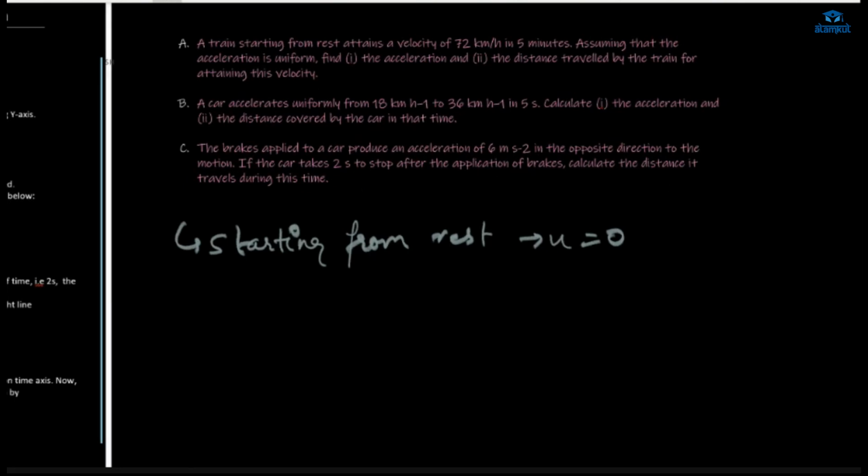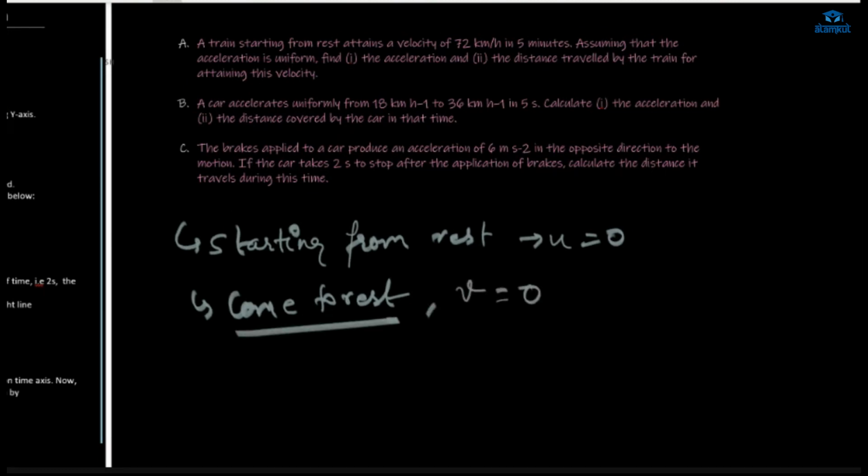When the question says a body has come to rest after traveling some distance with some velocity, then we'll take v as 0.